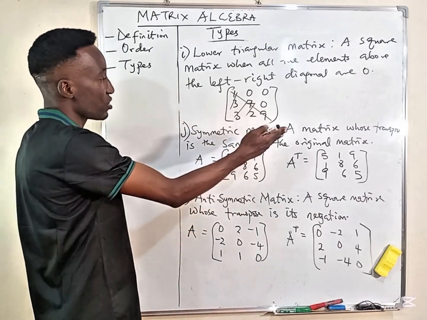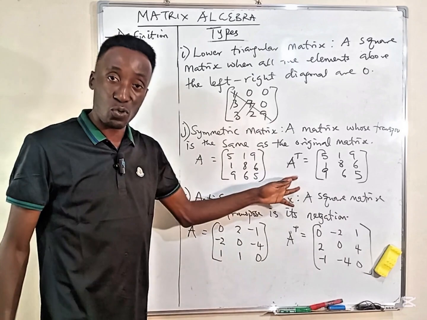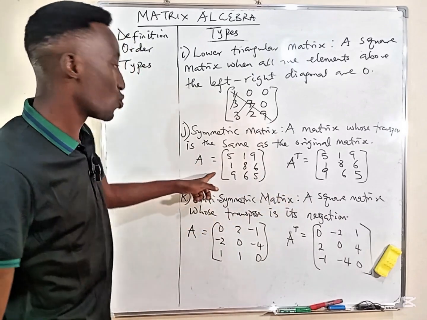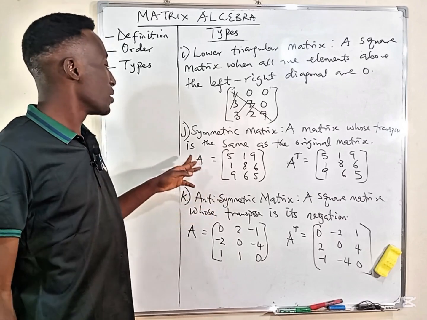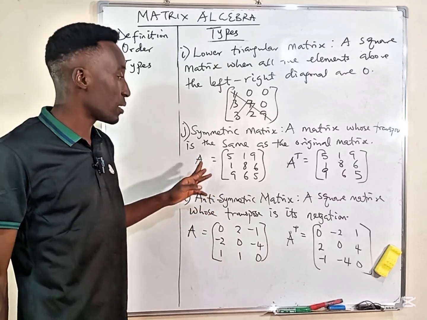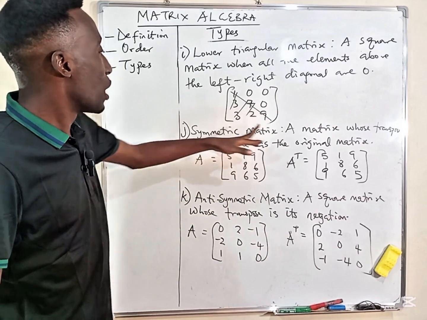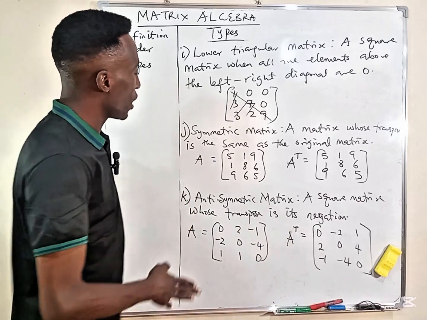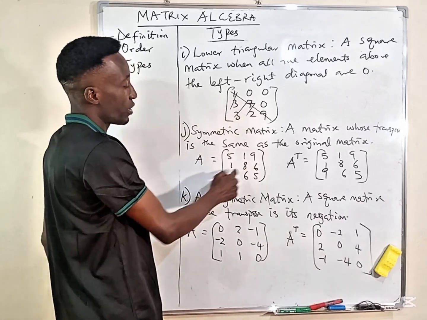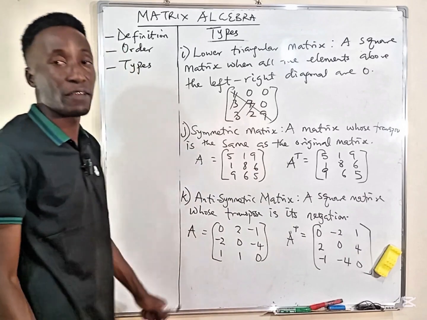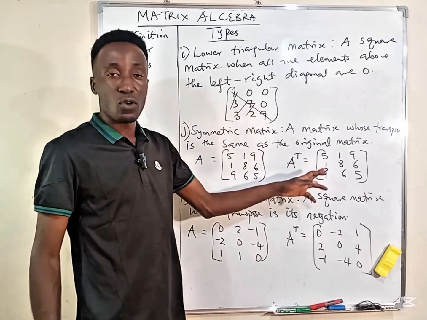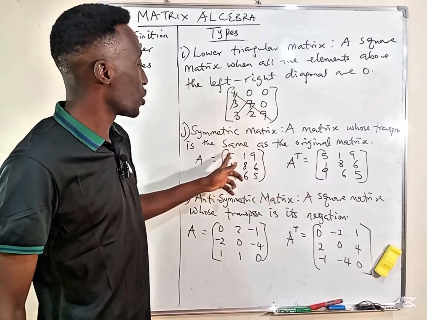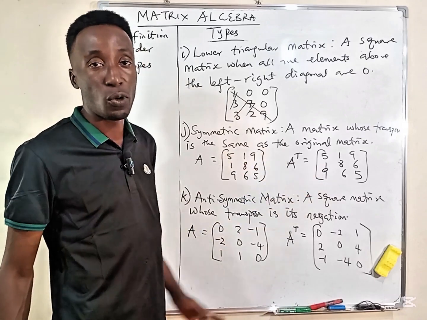Then we have the symmetric matrix. The symmetric matrix is a matrix where the transpose is equal to the main matrix, matrix A. So let's say this matrix A is 5, 1, 9, 1, 8, 6, and 9, 6, 5. When you transpose, you take the rows to become columns.